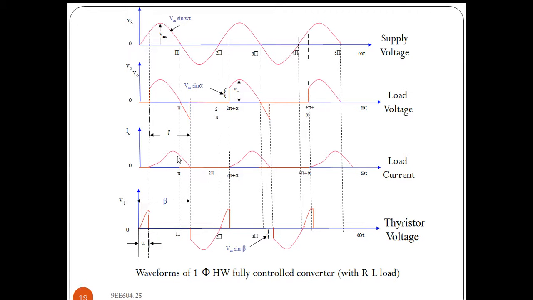Whenever the supply is reaching zero, due to the stored energy of the inductor, it allows the current to flow in the same direction for a small duration. It won't allow sudden change in current, so the current won't reverse from pi onwards. The current will still flow through the circuit for a small duration until the stored energy in the inductor reaches zero.